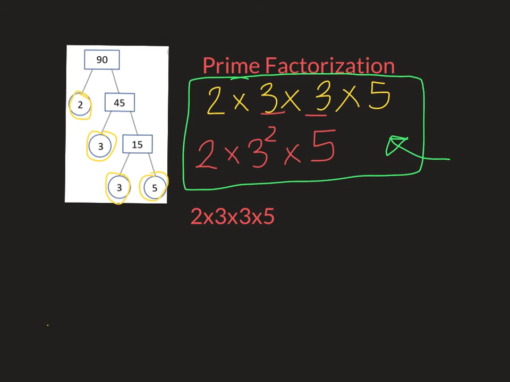And to put it in the other form, what might be easier, if you can figure out a way to put the exponent, that's fine. Or you could just do 2 times 3 times 5, and then use the pen tool just to draw the little exponent.